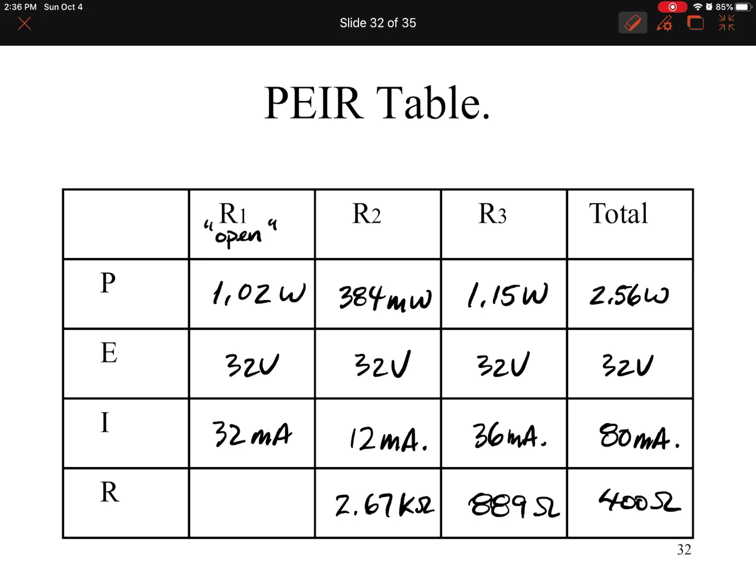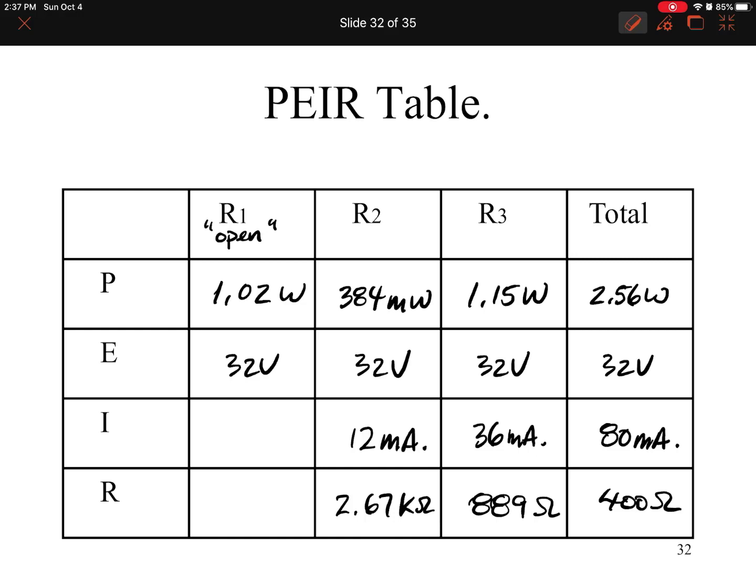That's gone. We have to understand that its branch current, which was 32 milliamps, is now going to be 0. But we're still going to have across the open circuit the 32 volts of applied voltage. It's an open circuit, so the potential of the power rails from the source is going to appear on that branch.